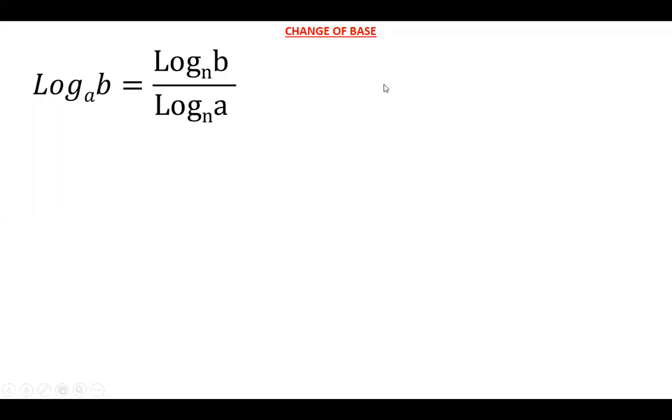If you've been given log b base a, this can also be written as log b, and then base, any base you want.